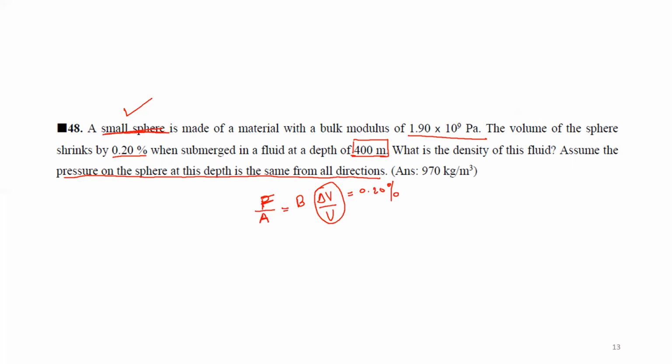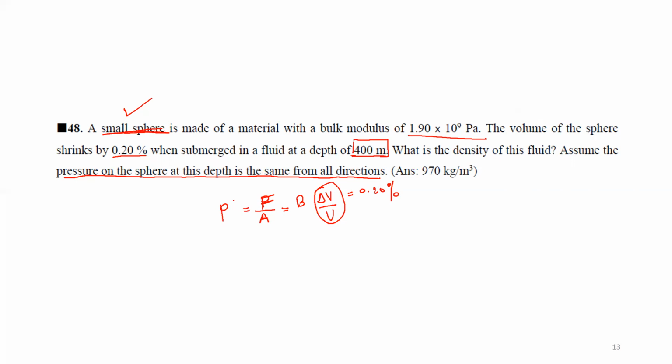F divided by A is what we call hydraulic pressure, or uniform stress, uniform compression. So it's a pressure. This is equal to P.